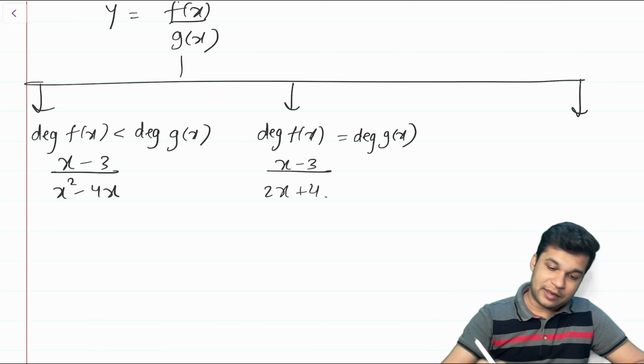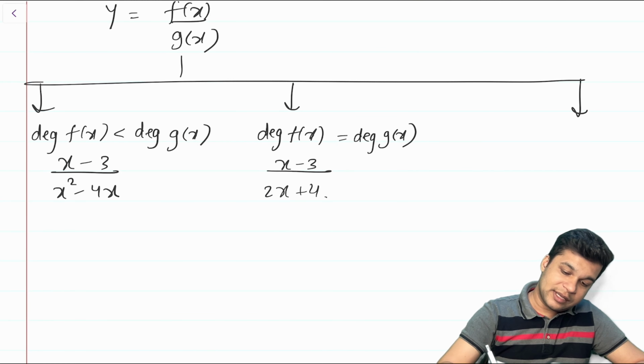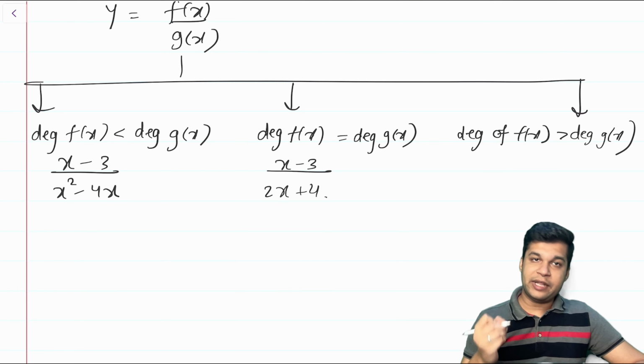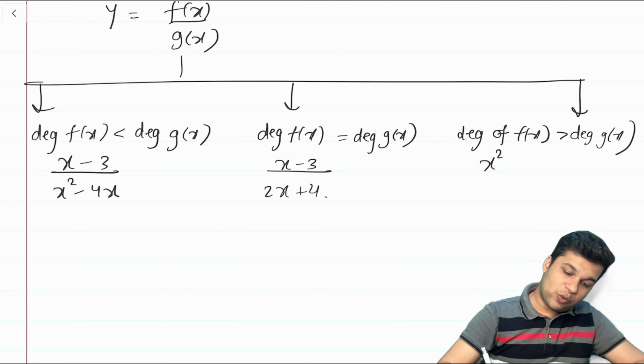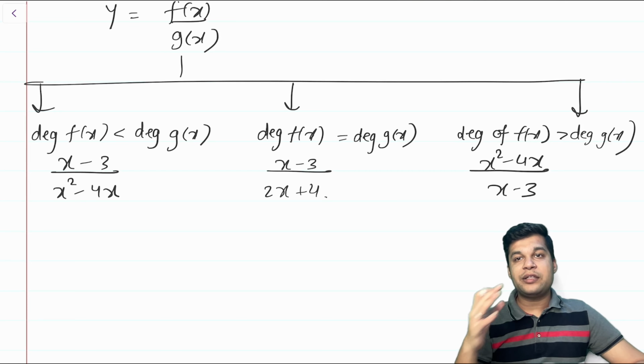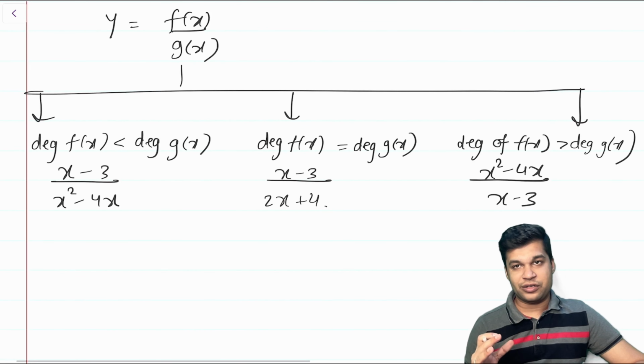The third possibility is that the degree of f(x) is greater than the degree of g(x). What is an example? The example is x square minus 4x divided by x minus 3. So these are the 3 possibilities in a rational function.